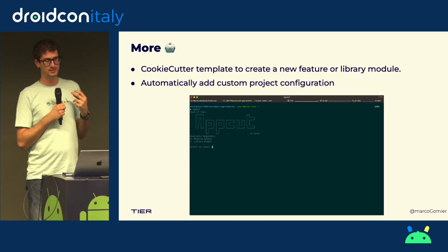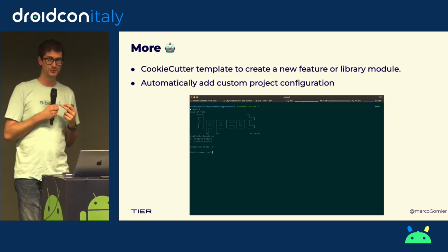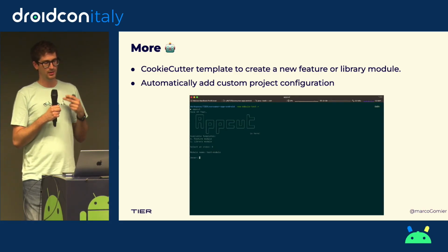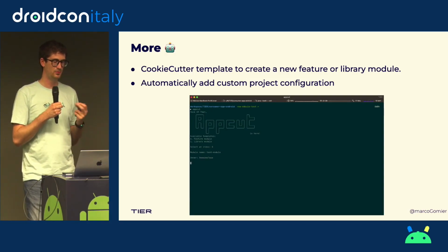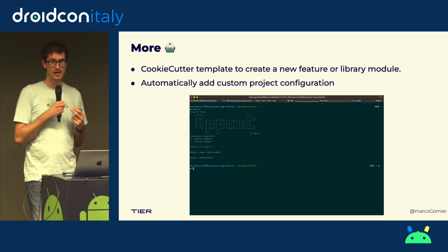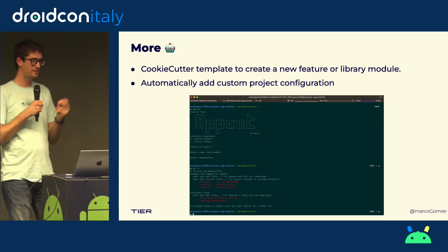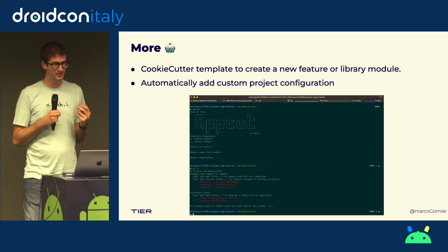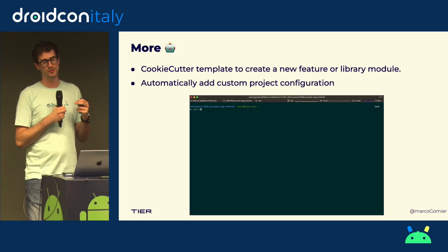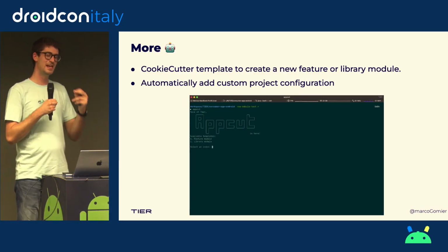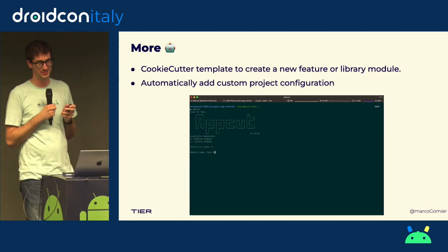We made a CLI tool that lets us quickly create a feature module or a library module with all the boilerplate required. You just have to write some stuff, and it even updates our code owners file. So it's quite tiny. My secret dream is to build an Android Studio plugin with Compose, but a CLI for the time being is just enough, and it does its job.